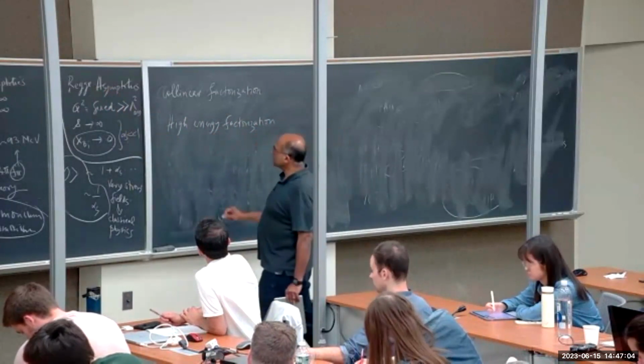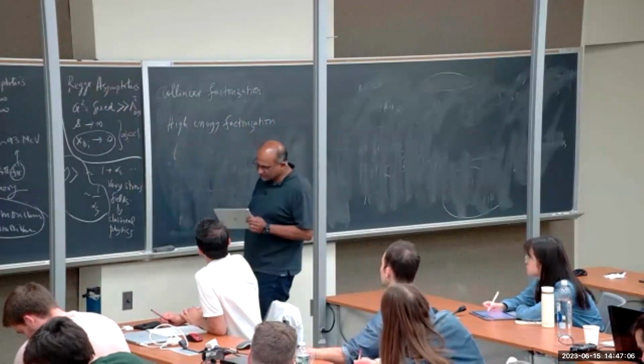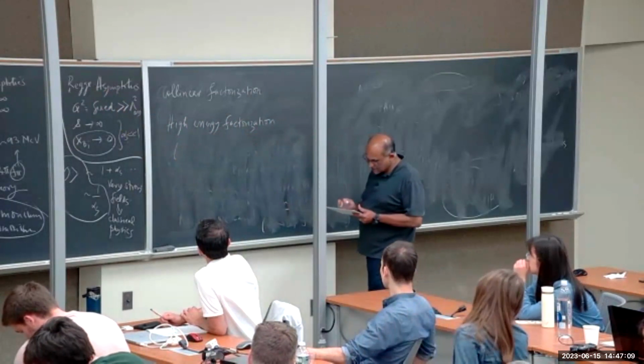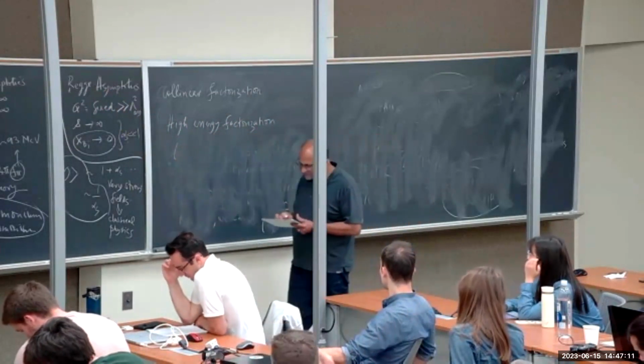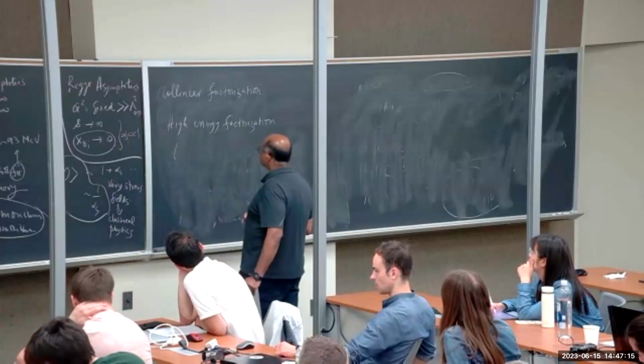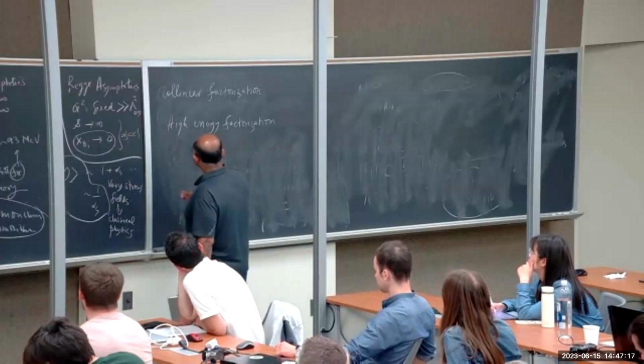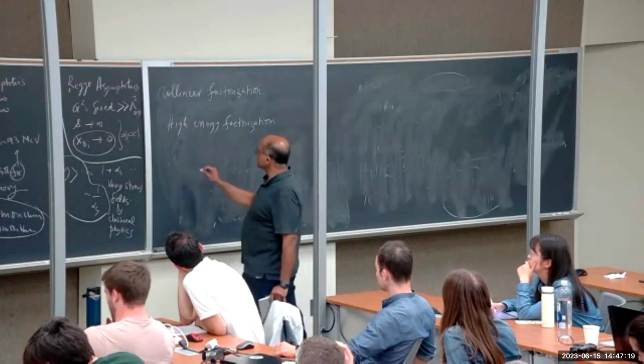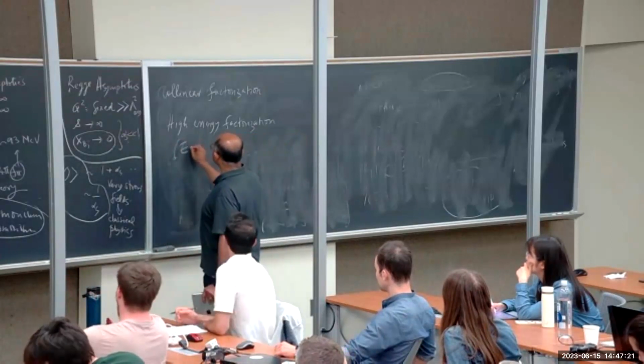And this has to do with something which is actually very old. It goes back to the very early days of high energy scattering considerations in general. This is something called the eikonal approximation.